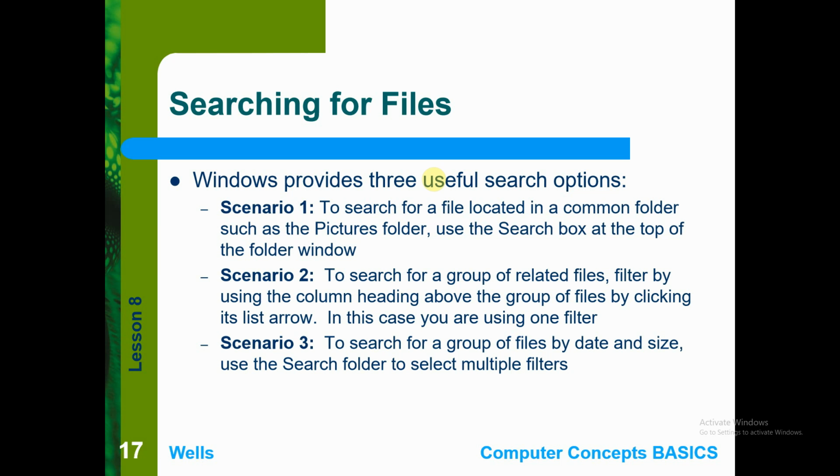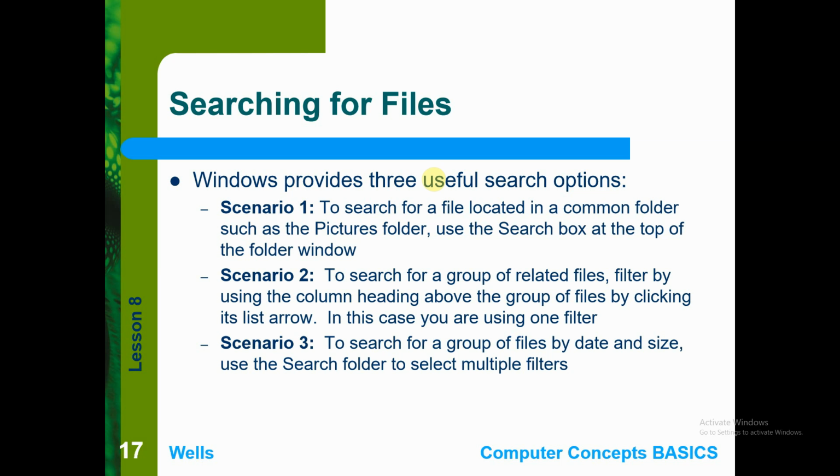The filter type of searching ang ginagamit mo. For scenario 3, searching by files and date, you can use multiple filters, or you can use the sort option. Kung i-right click mo lang sa dialog box, may sort option na, pag right click mo ma-sort siya, no? Sort siya by name, by date, by date modified, by type, and by size. Amo na nga type of filtering is also an option for you in searching for files.